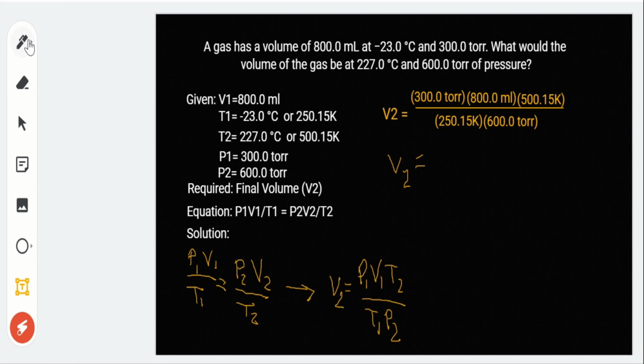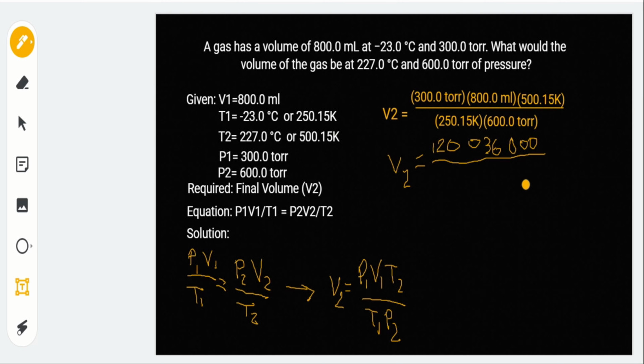Let's write here 120, 36 million. So this is the product of the initial pressure, volume, and the final temperature.